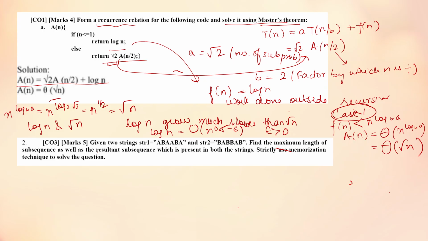Now let's read this question. Given two strings, find the maximum length of the subsequence as well as the resultant subsequence. Use the memoization technique. We'll see this question in the next slide.